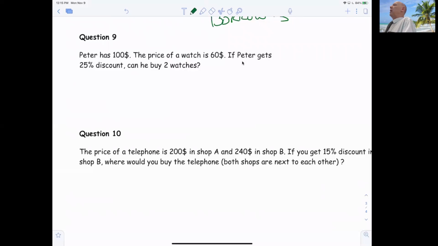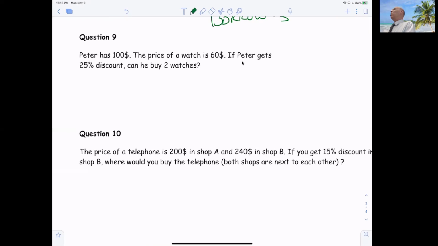Let's say you go into the store. You got to be good at this. If you go in the store and buy 2 watches, how much is it going to cost you? I'm upset with myself. You guys can't walk into the store and tell me how much you're going to pay.